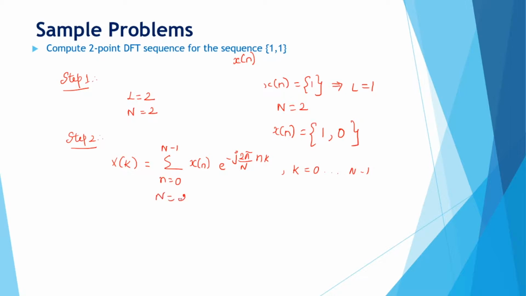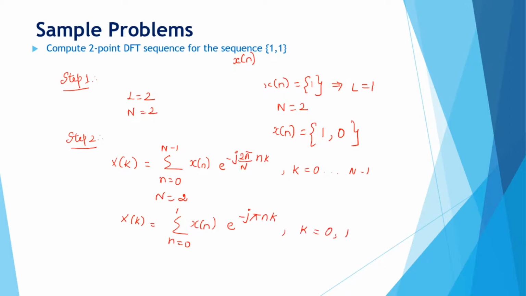N equal to 2. When you substitute in this formula, it is X of k equal to summation n equal to 0 to 1 x of n e power minus j, and when you substitute N as 2, the 2 gets cancelled. So it is e power minus j pi nk, where k varies from 0 to 1.